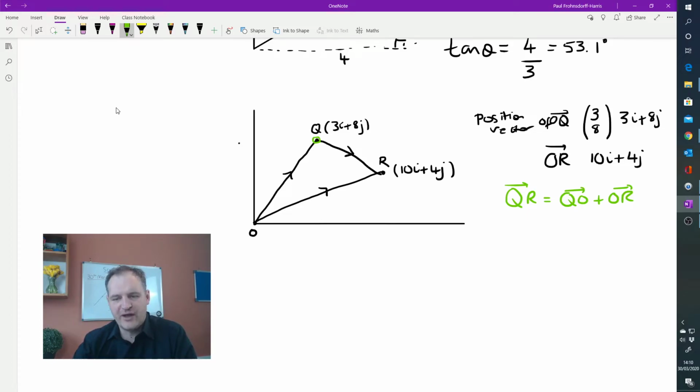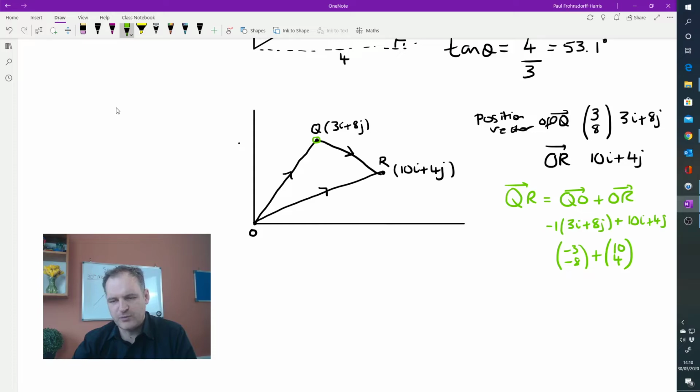This therefore says QO is going to be the absolute opposite of this. It's going to be what happens when we times this by minus 1. So it's going to be minus 1 times 3i plus 8j, plus 10i plus 4j. You can do this by expanding the brackets and working with i's and j's. You can also do it as minus 3, minus 8, plus 10, 4. This is from GCSE.